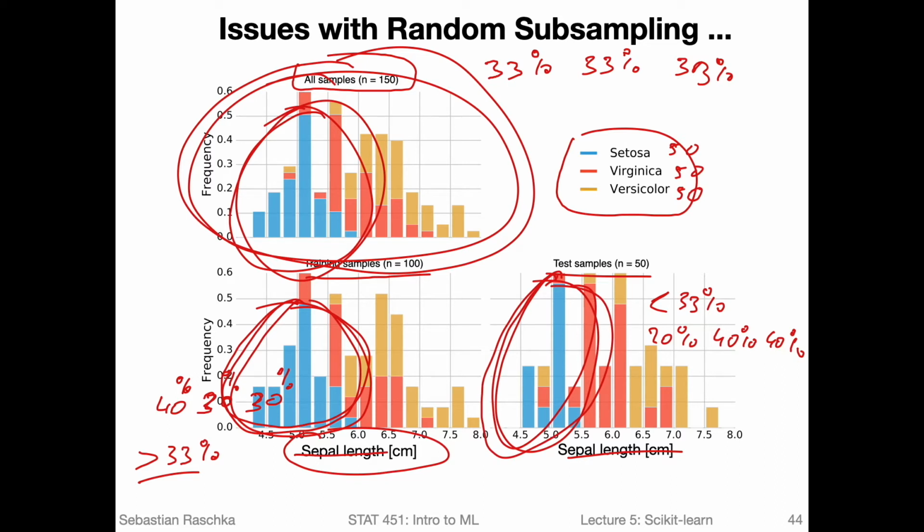So we have two types of issues here. First, we have a misrepresentation in the training set, and then we have another misrepresentation in the test set depending on the training set. If we work with a sufficiently large data set, this skewing of the distributions is usually less of an issue. However, I think it's always a good idea to do something called stratified splitting.